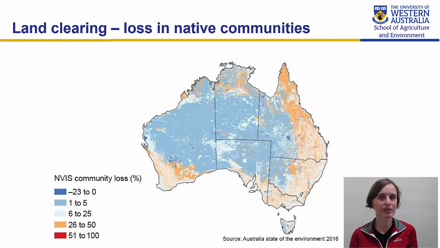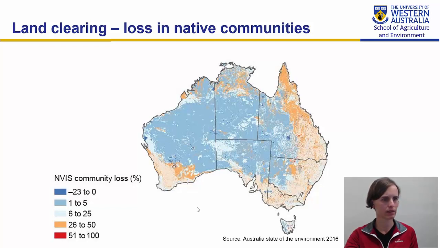So you can see that the dark blue in this map is a gain in native communities. Well, there are not that many spots. There's a bit here, there is a bit here, and there's a bit here that have experienced a gain in native communities.